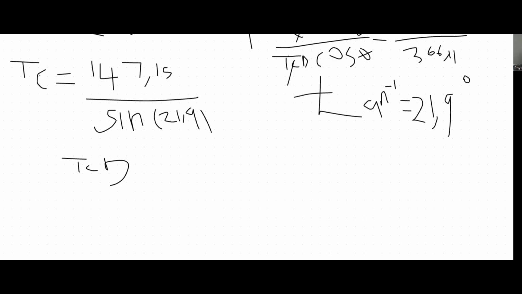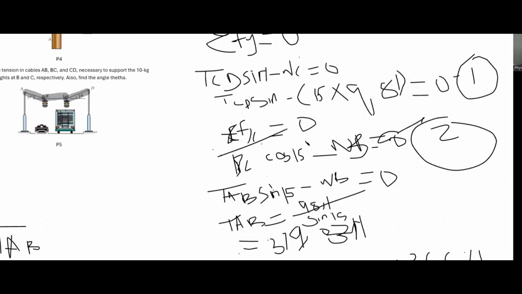So we're going to say 147.15 over sine theta. Our question says we are looking for AB, BC, CD, and theta.